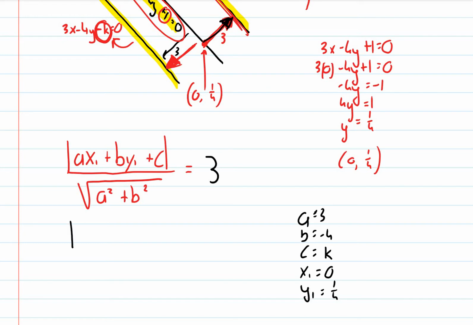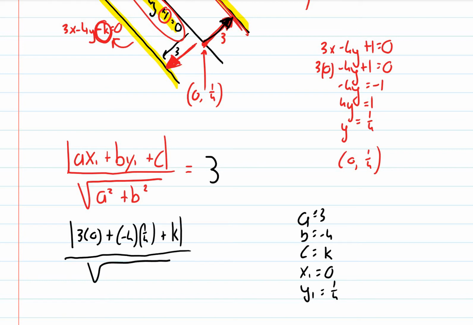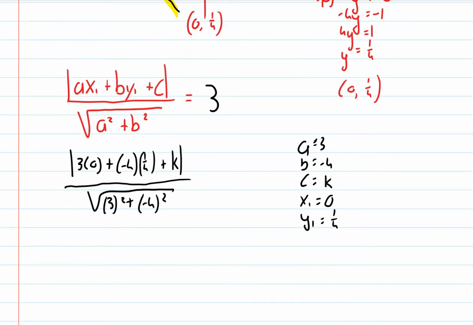I fill it into this formula. 3 times 0 plus minus 4 times a quarter plus k, all over root 3 squared plus minus 4 squared, and that all equals 3.